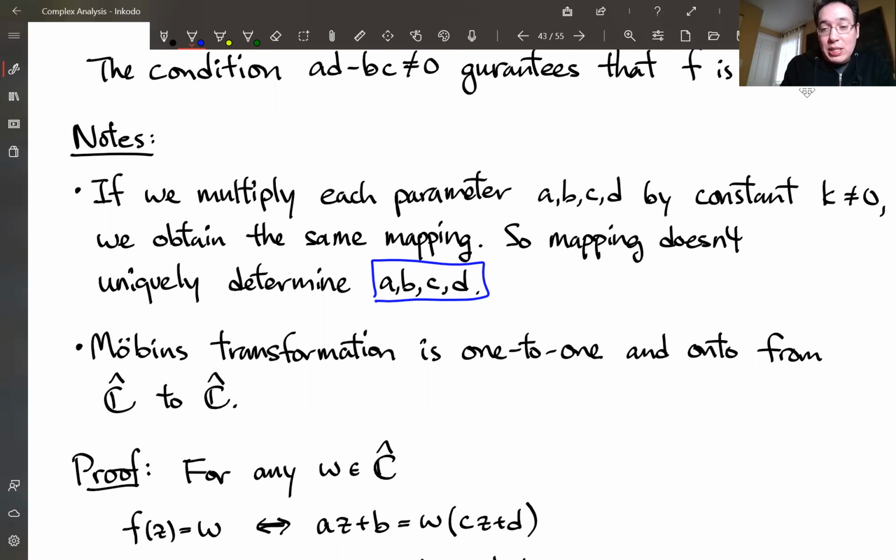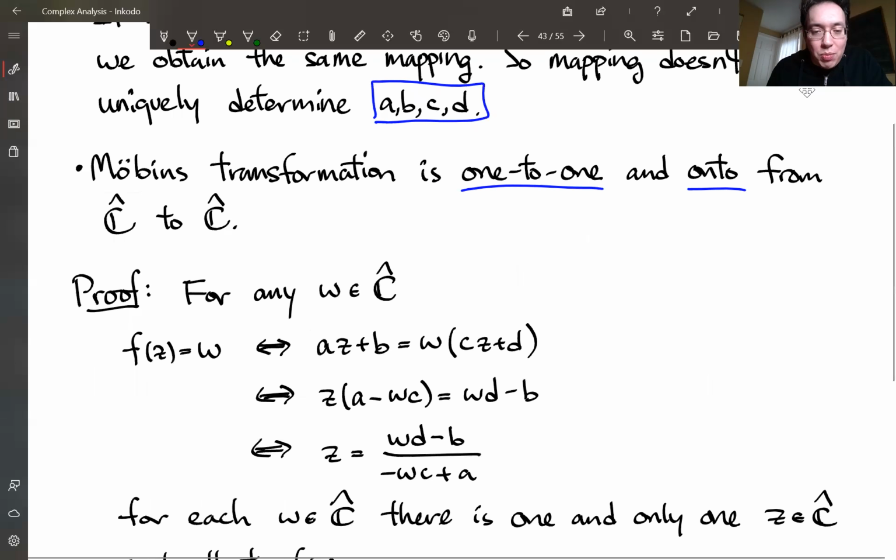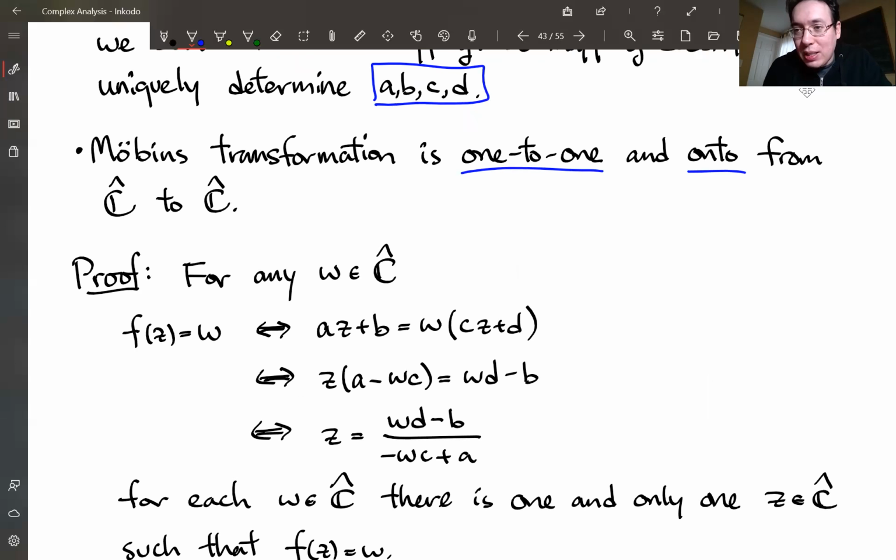Okay. A Möbius transformation is 1-to-1 and onto, from the extended complex plane to the extended complex plane. To show the proof, we could actually just compute the inverse.